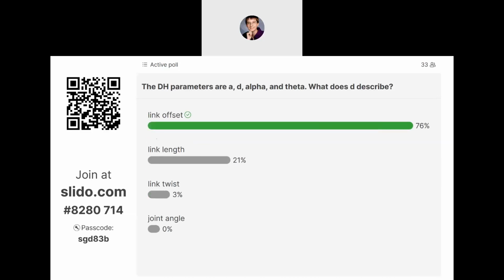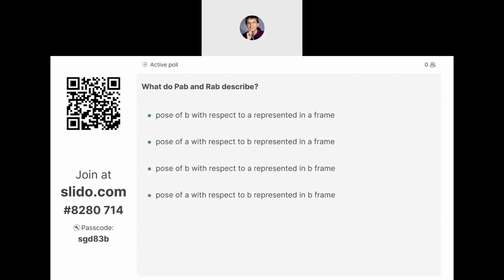Yep, length offset. Theta is your joint angle, alpha is your link twist, A is your length, and D is your link offset. The link offset is the distance along the Z axis.